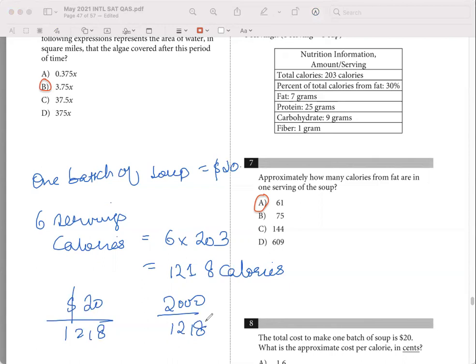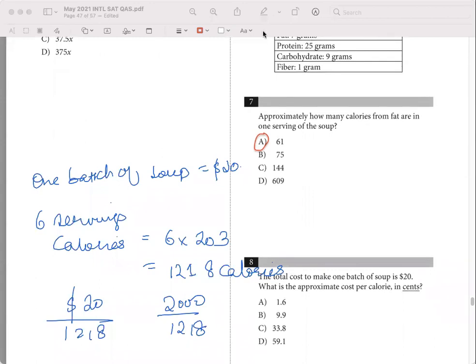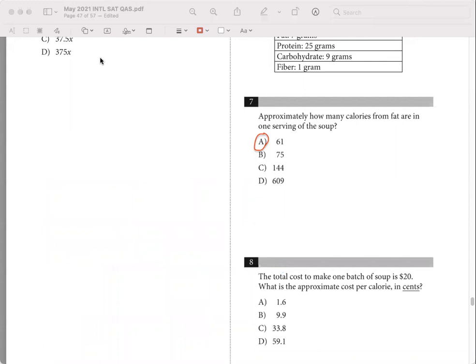So I got my calculator and I'm going to plug 2000 divided by 1218, which is 1.64, right? 1.64. So that's option A. Okay, so let's choose option A.